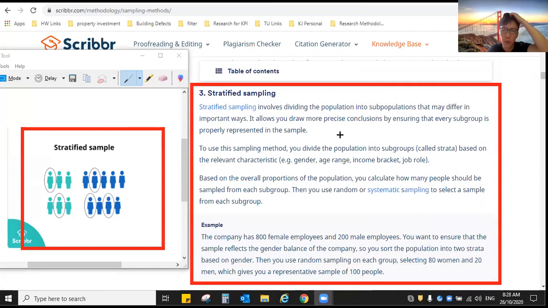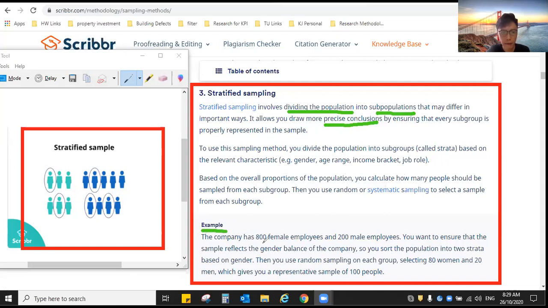You are dividing the population into subpopulations that may differ in important ways. I put male, I put female, and it draws more precise conclusions. The reason is I want to draw more precise conclusions. Don't bother, make it easy, read the sample.